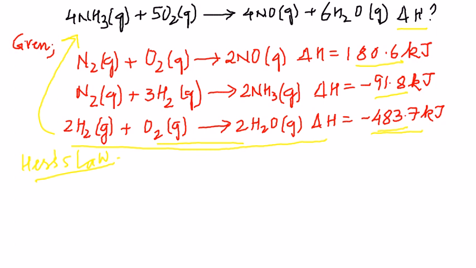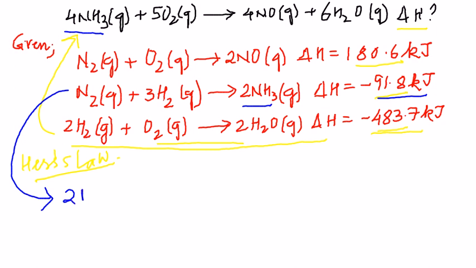So let's look at this 4NH3. Now out of these three equations given to you, which one has NH3? This one. But this has only half the amount of NH3. That should tell you that you need to multiply this equation by 2 so that you get the same amount of ammonia, and consequently you'll have to multiply the value of delta H by 2 as well. So let's do that.